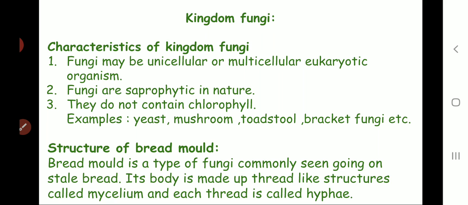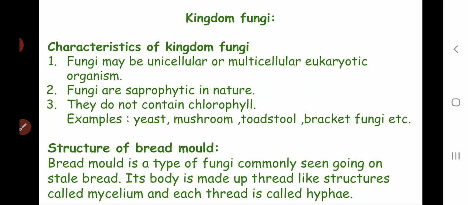Now we shall proceed towards structure of bread mold, which is one of the examples of fungi. Bread mold is a type of fungi commonly seen growing on stale food or stale bread.